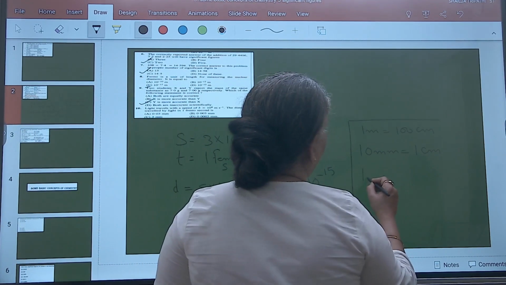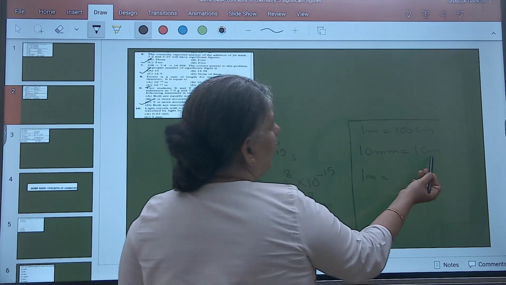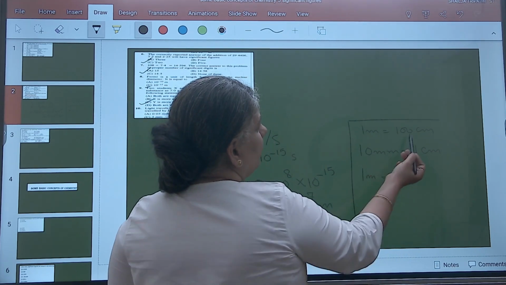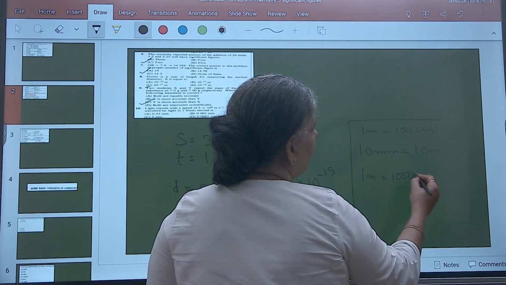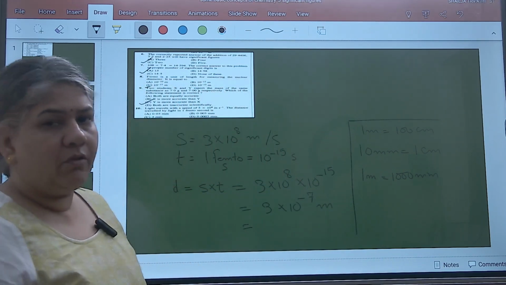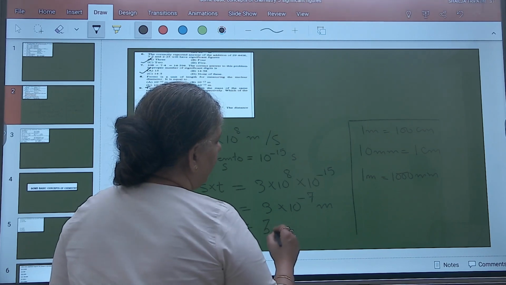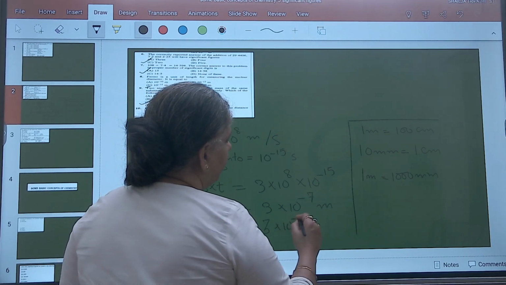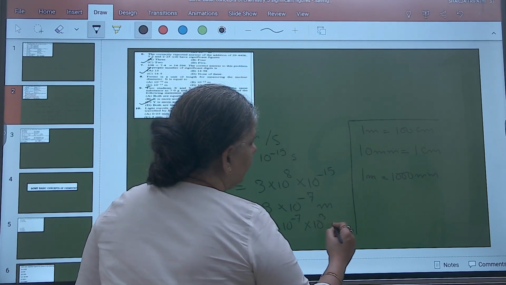Okay. So 1 meter will have, see, 1 centimeter is 10 millimeter. So we can multiply here. So we get 1000 millimeter. So 1 meter is equivalent to 1000 millimeter. So 3 into 10 raised power minus 7 multiplied by 10 raised to the power 3.